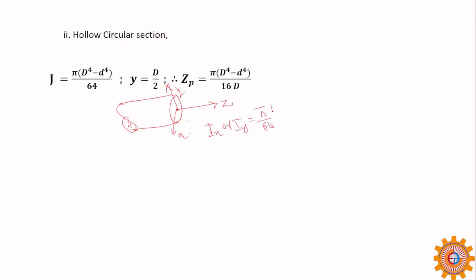For z we apply the perpendicular axis theorem, that is Iz, called J, is equal to pi by 64 d to the power of 4 plus pi by 64 d to the power of 4, so you get pi d to the power of 4 by 32. That is the polar moment of inertia, 2 times the moment of inertia.